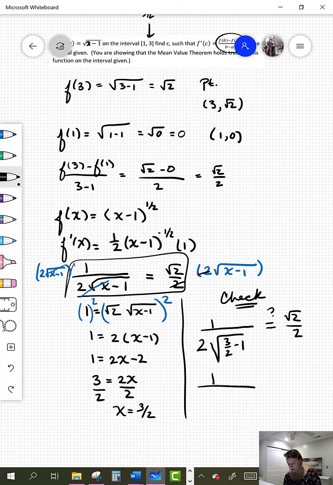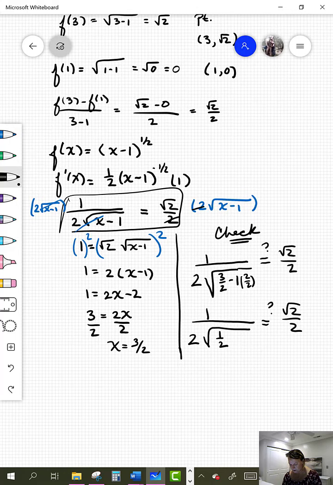Okay, so we have 1 all over 2. I'm going to get a common denominator. So this would be the square root of 3/2 minus 2/2, which is 1/2. Is this equal to root 2 over 2? So let's do a little bit of manipulating. So we have 1 all over 2 square root of 1/2, which is 1 all over root 2.